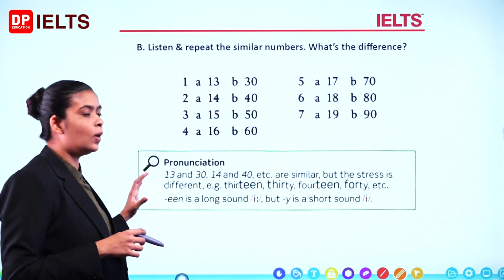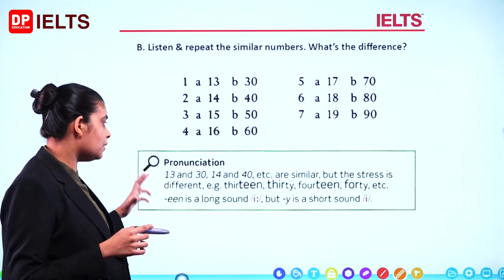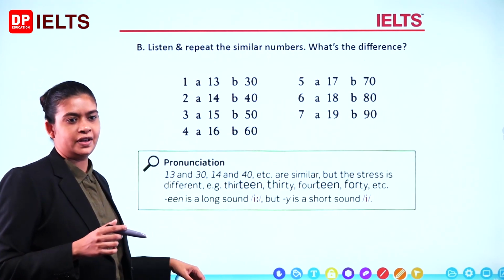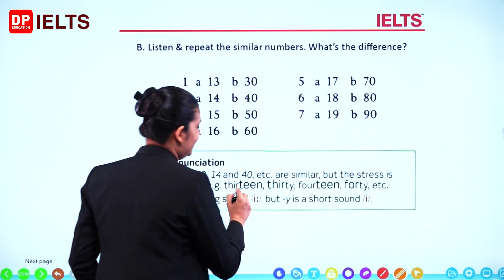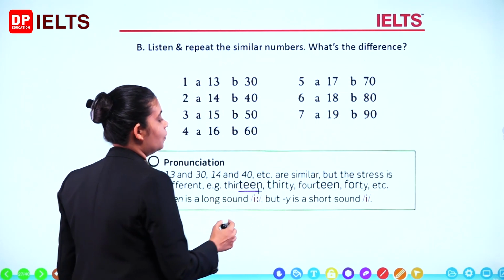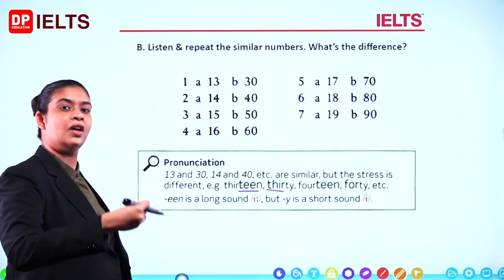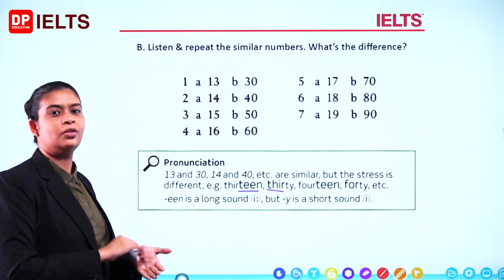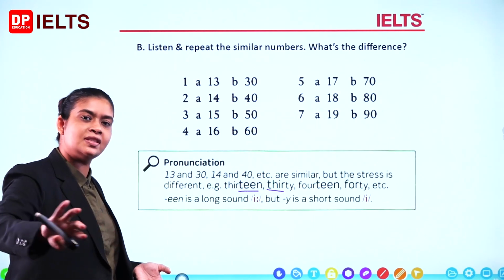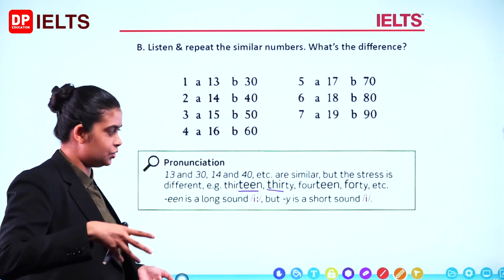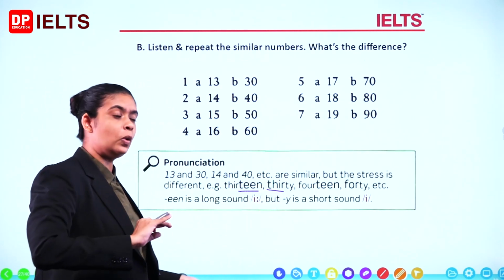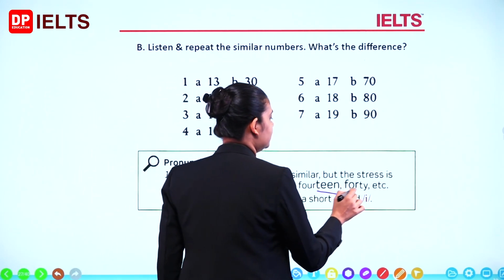They're quite similar in terms of sound, but the stress is different. 13, 30. In 13, the stress is towards the end, but in 30, it is towards the front. 14, 40.